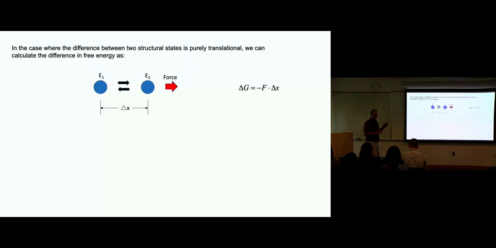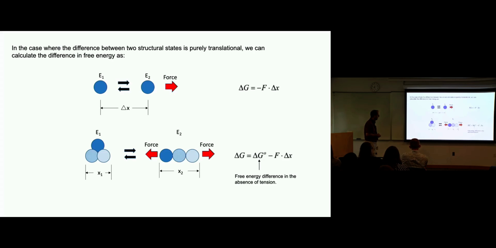So now we can take this simple situation and apply it to this open to closed situation that we just talked about. So here we have E1 and E2. This is the closed and this is the open. And let's say we can now put mechanical load on this in order to pull it open. Okay? Force times distance, it took some work to pull it open.